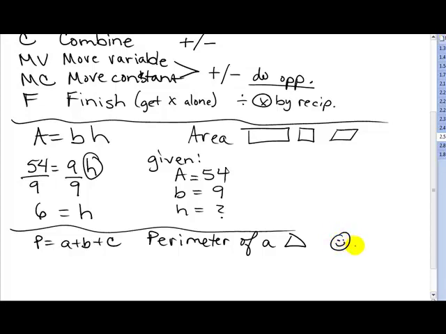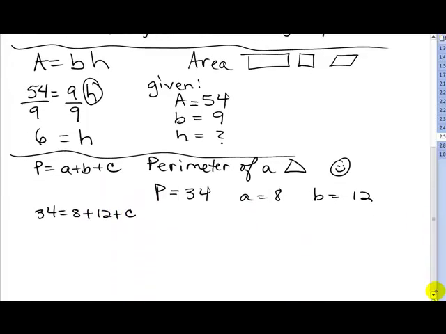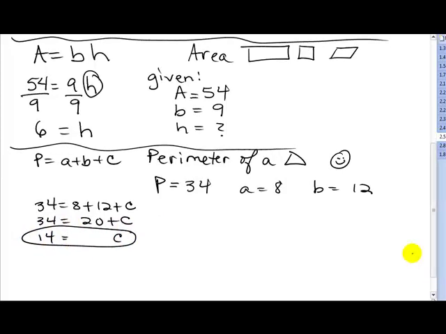We are going to be given P equals 34, A equals 8, B equals 12. I'm going to fill in this information. 34 equals 8 plus 12 plus C. Combine like terms. Subtract the 20 from both sides, and we get our C.